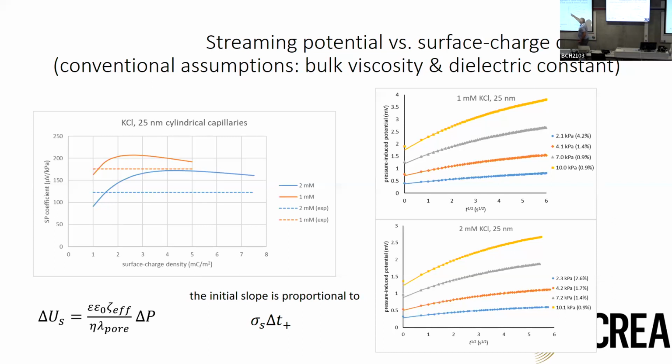For example, for this curve, we have below 2 millivolts at the beginning and more than 4. And even this is not the end. Actually, the evolution continues. So we have several times difference between this initial value, which is a true streaming potential, and then something like that, which can be taken as a steady state.